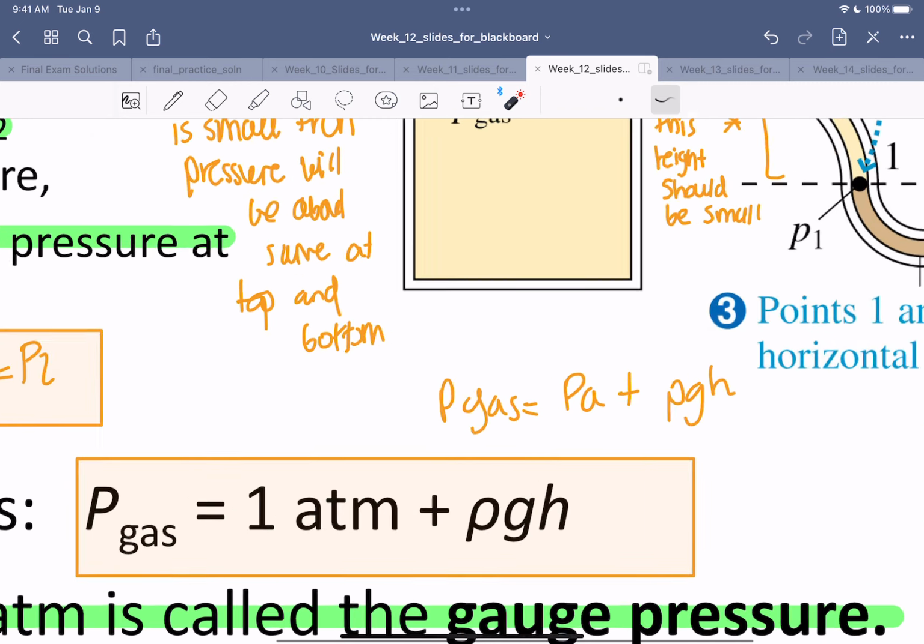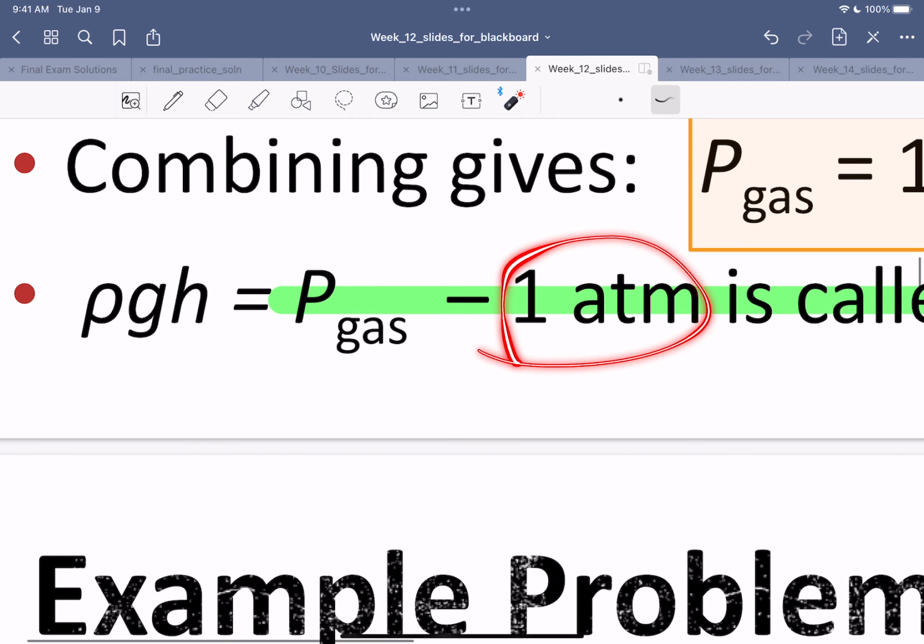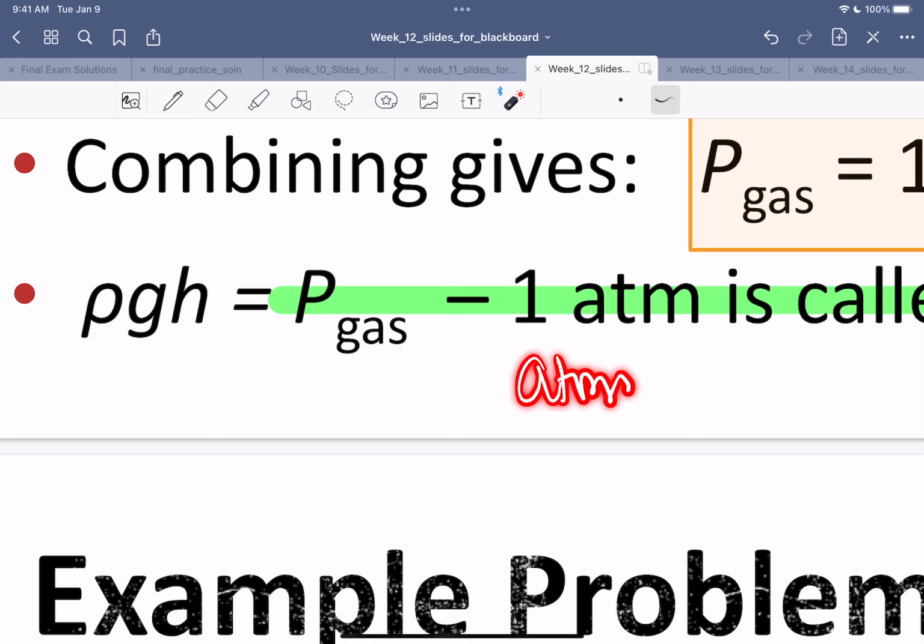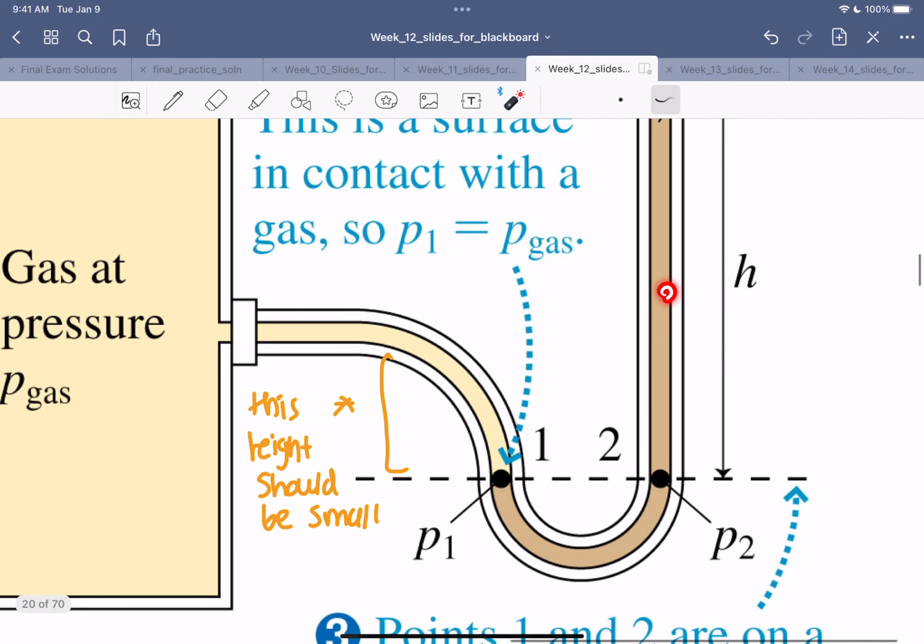Now, never just subtract 1 atmosphere. This is just telling you it's minus atmospheric pressure. So if your units of pressure are in torr, for example 800 torr as the absolute pressure at this height, how would I figure out the gauge pressure?